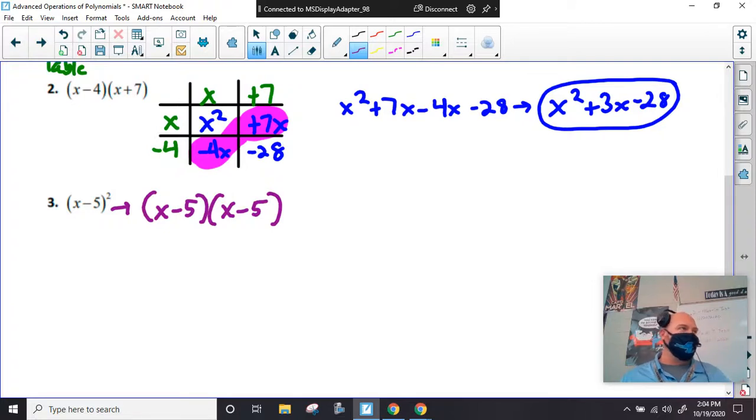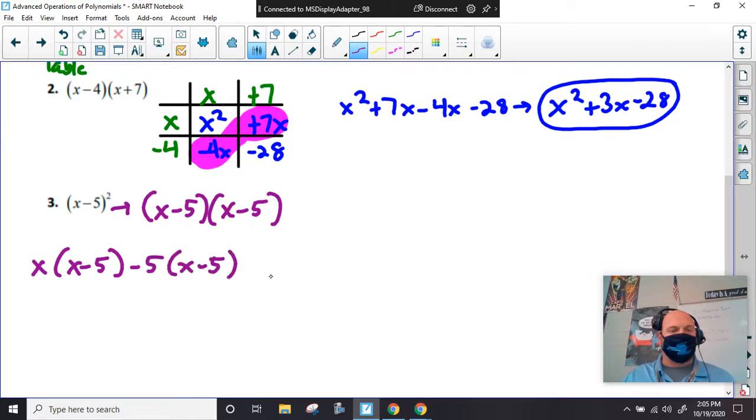And then you pick your method. You could pick the table method, you could pick double distributive, and go from there. Okay, if you're setting it up for double distributive, it would be like this. And if you set it up in the table, wow, that was not good.